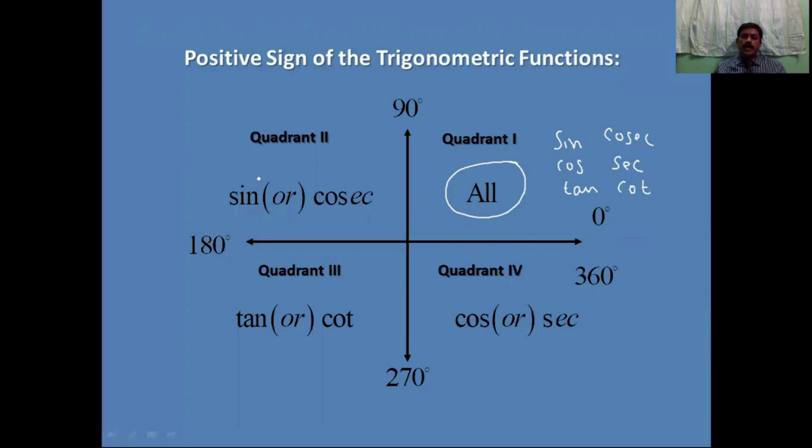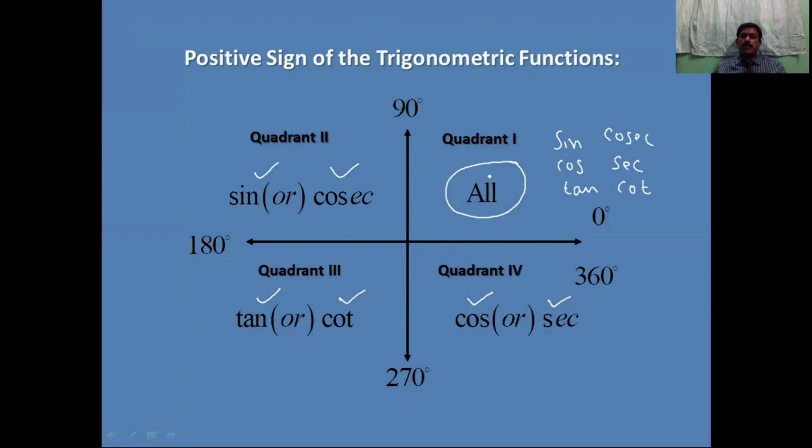In the second quadrant, sine and cosecant are the only positive terms and the remaining terms are negative. In the third quadrant, tan and cot are positive and the remaining terms are negative. Similarly, in the fourth quadrant, cos and secant are positive and the remaining terms are negative.